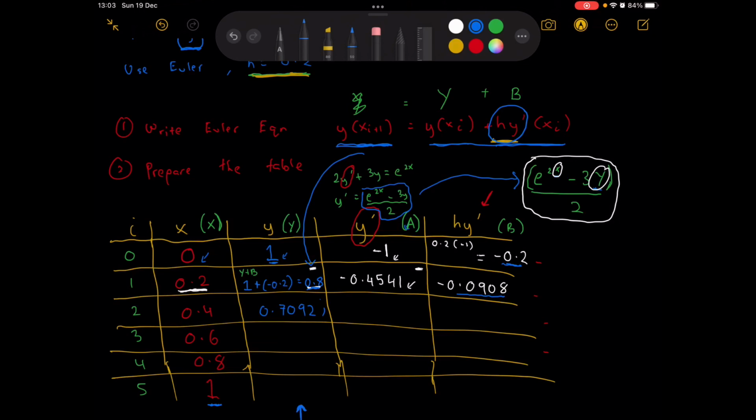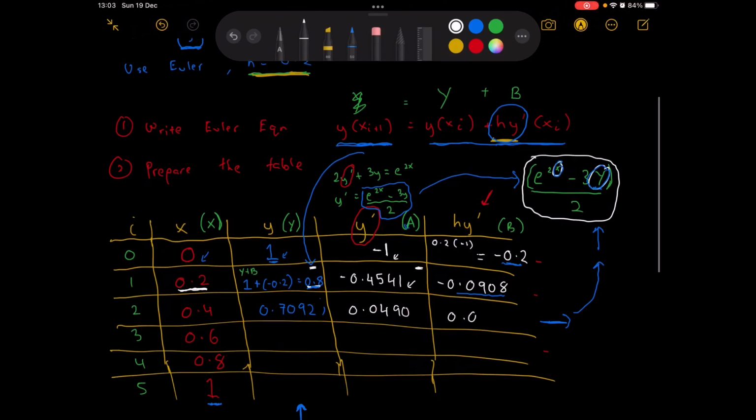Alright, next, put back all the values of x and y from this third row. Input all the values, and we get y prime equal to 0.0490.